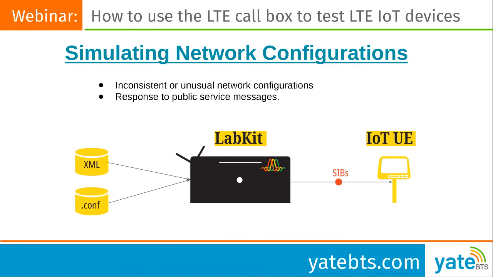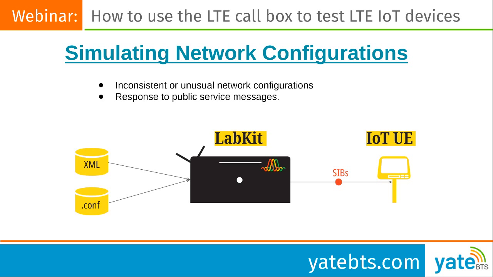Another thing you can do with the LabKit is you can simulate different network configurations. And we have customers who do this, in two different cases. One, we have a mobile operator customer who does this for roaming testing to see how their devices are going to behave in networks that have inconsistent configurations.